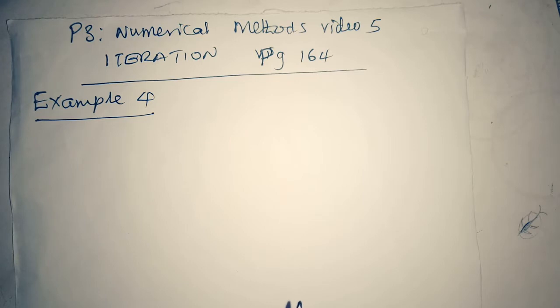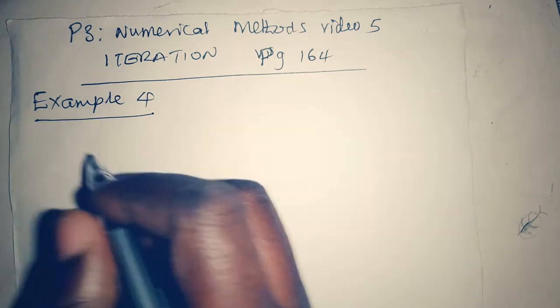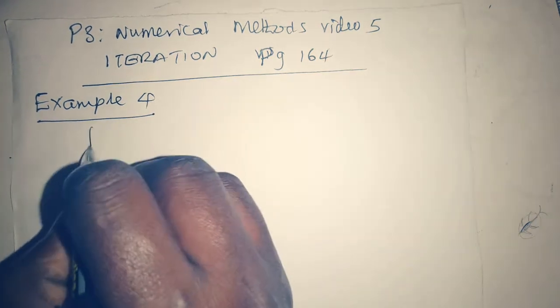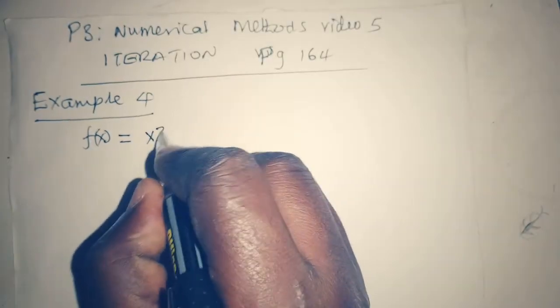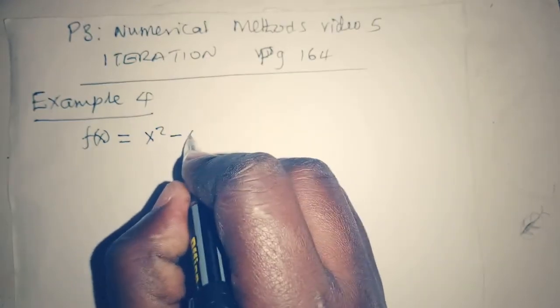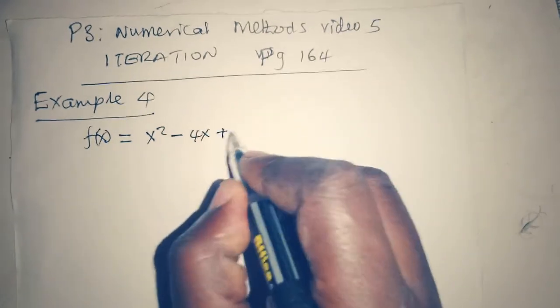We have understood in the previous video that iteration is a way of getting a root through a converging operation. In this example, f(x) is given by x squared minus 4x plus 1.